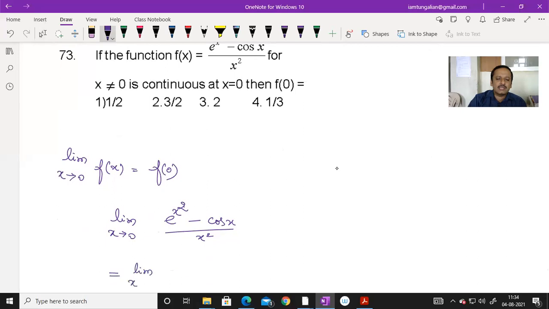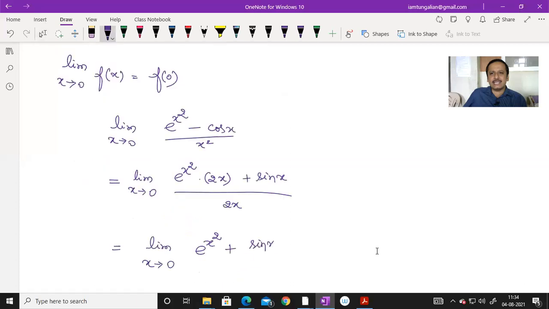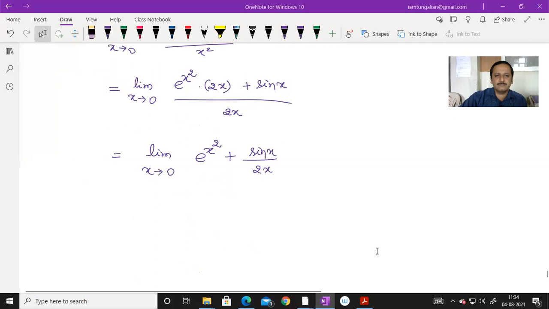Okay, so I'm using L'Hospital's rule. The derivative of e power x square is e power x square into 2x. The derivative of minus cos x, so it will become plus sin x. Divided by the derivative of x square, 2x. In the first term, 2x gets cancelled. Sin x by 2x. Now apply the limit as x tends to 0.